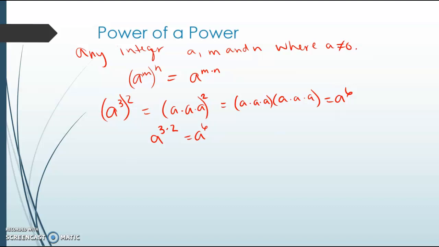Other things to keep in mind is if you just have a variable, let's use something other than a, or even a number, so like 4 or x. Every number and variable has an exponent, and it's that invisible 1. So if you have just x cubed, then really you have x to the first power cubed.